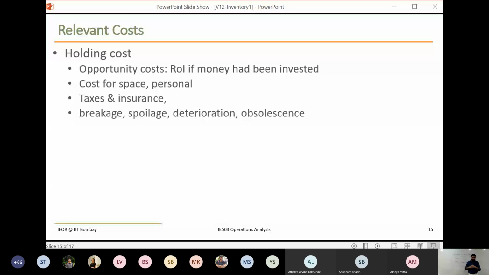There is another notion called opportunity cost. Why are we doing all this manufacturing and inventory management? We want to make money. Suppose you put 10,000 rupees in the bank. Currently a savings account gives you 6% or 7% interest. Now, when I'm in business, if I buy the inventory and finally make only 5% or 3% returns on it, then it doesn't make any sense.